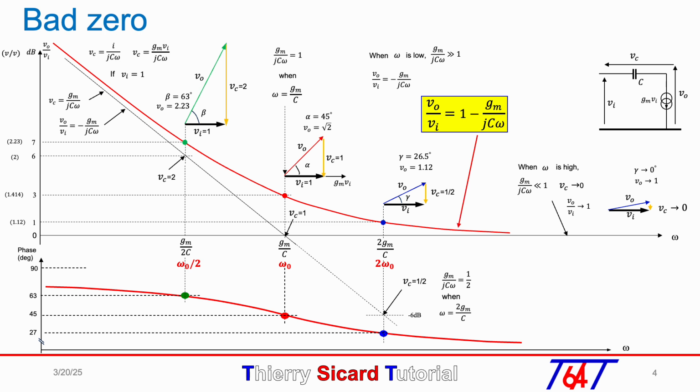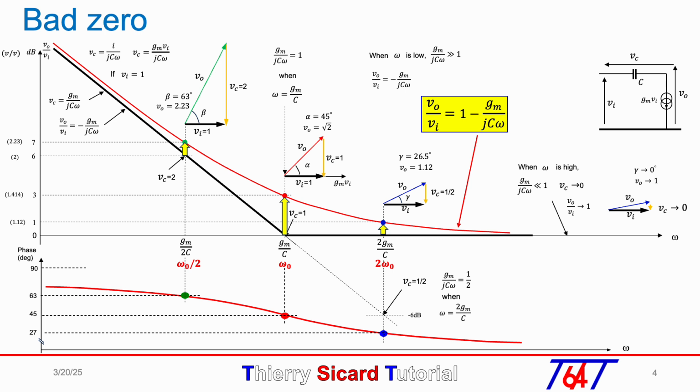If we plot in bold the higher of the two asymptotes between minus gm over Cω and 0 dB, we see that the gain is 3 dB relative to the crossover point at ω0 equal to gm over C, but for omega equal to 2ω0 and omega equal to ω0 over 2, the gain is just 1 dB relative to both asymptotes. Here are the main characteristics of the bad zero.